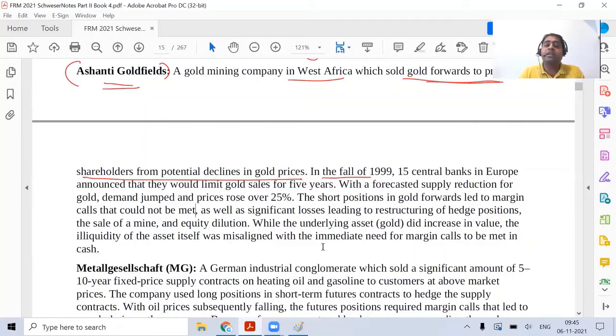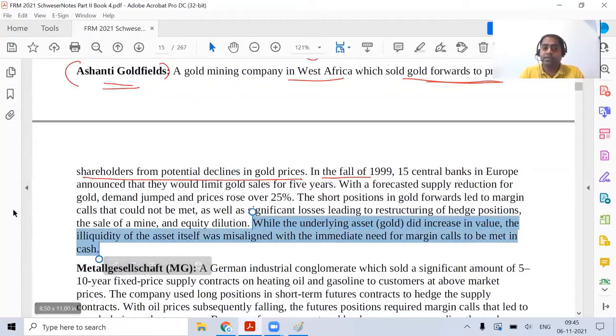They were in need of liquidity, or cash, to manage that margin call requirement. This entirely happened because they did not anticipate that the gold price would increase. Their only expectation was that the gold price would go down, but because of some external event, the prices went up, against their hedge position, and they started losing money.